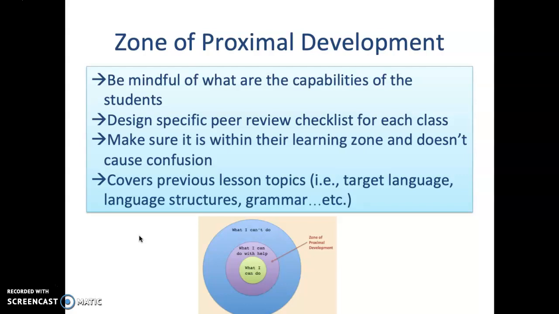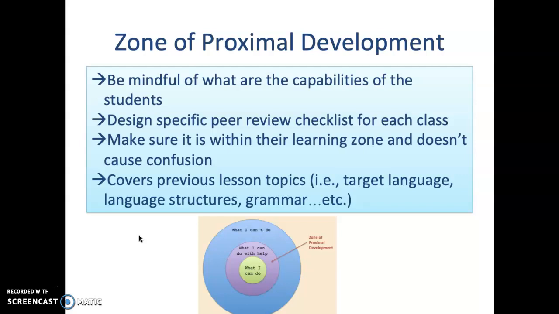So I think one of the best things about using peer review within your classroom is to focus on the previous lessons. So this is the way for the students to peer review each other's work, and to have an in-class assessment. So the students are assessing each other, and you are able to assess their assessments as well.